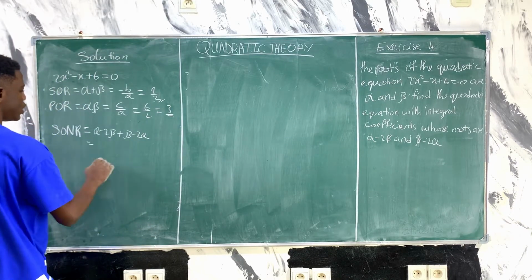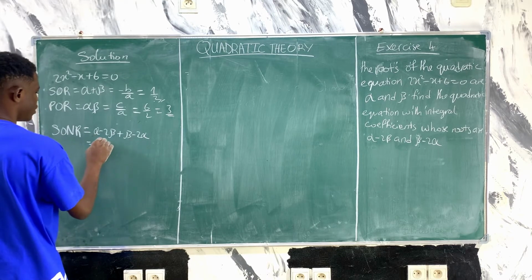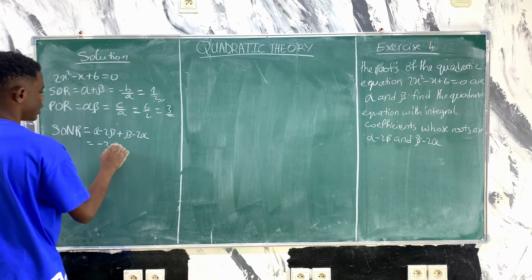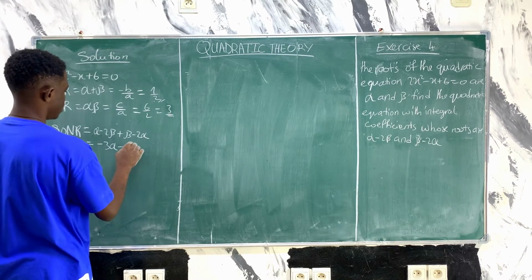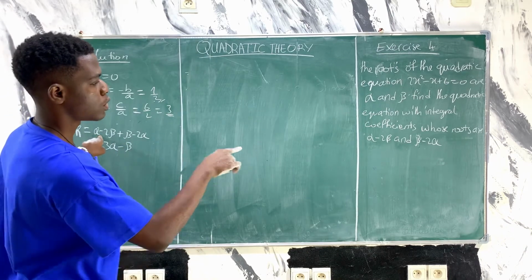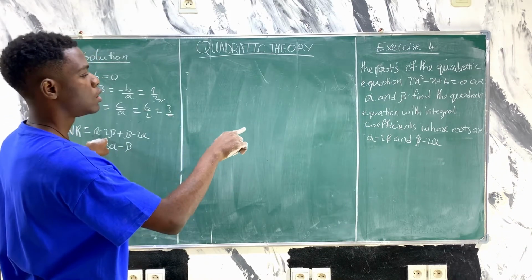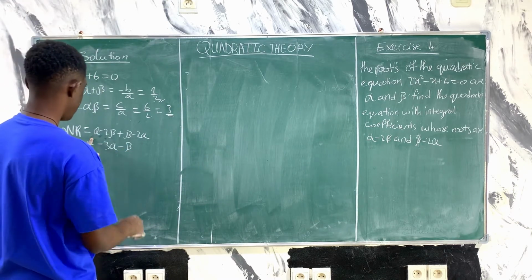If I bring items together, I have alpha minus 2 alpha and minus 2 beta plus beta.